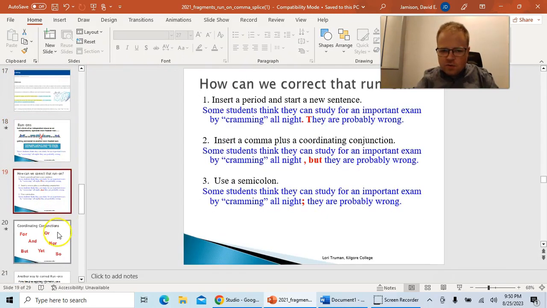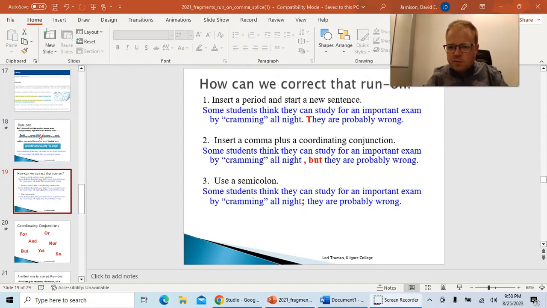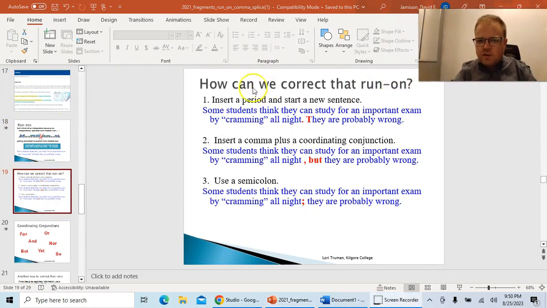Let's skip over that one. So again, here are some examples of how you can correct these. The example they have here: some students think they can study for an important exam by cramming all night. They are probably wrong. If you had those without any punctuation in between, that would be incorrect, of course, because those are two separate sentences.